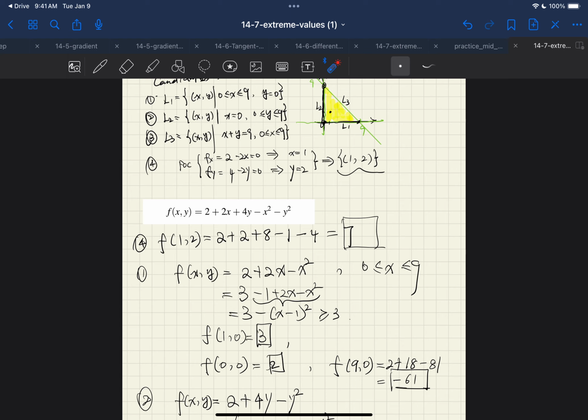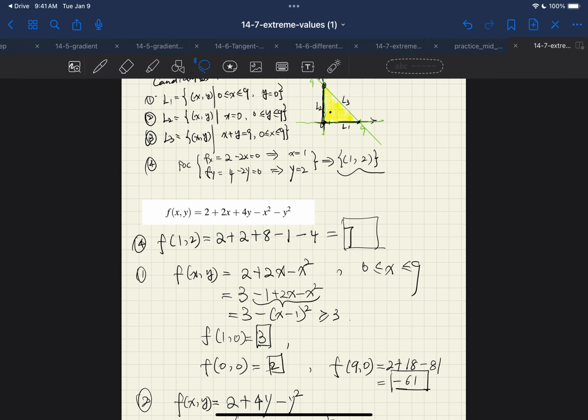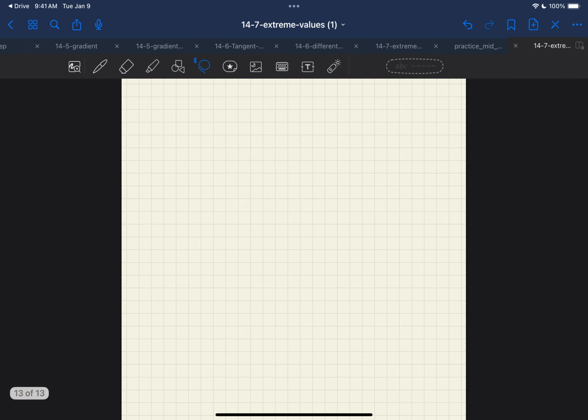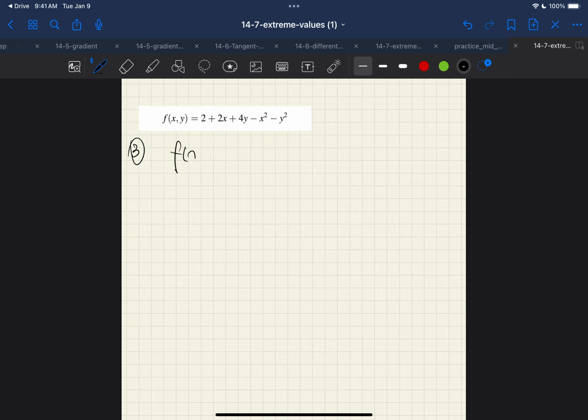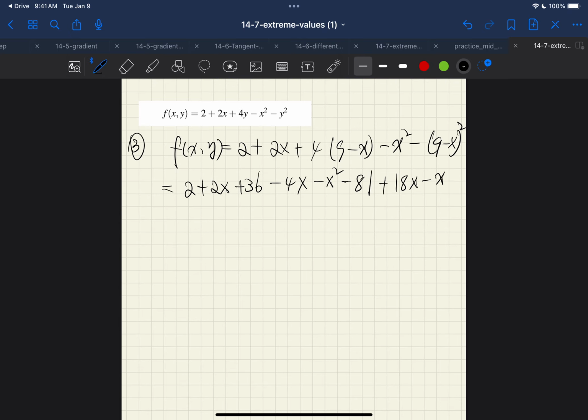Here we can do this by substituting y by 9 minus x, so f(x, y) is going to be 2 plus 2x plus 4 times (9 minus x), minus x squared minus (9 minus x) squared. And we do simplification.